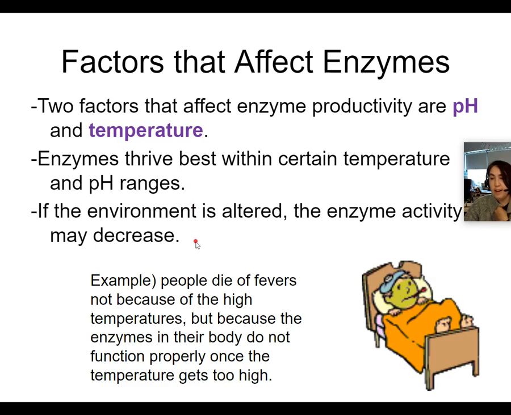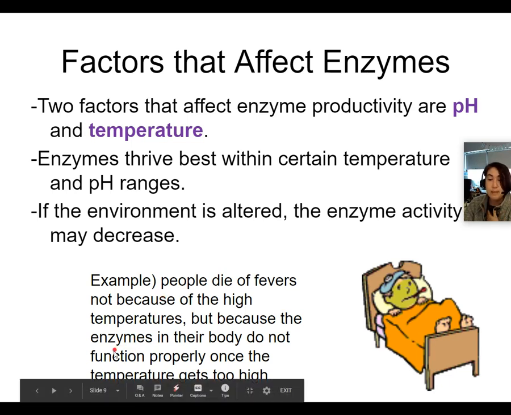If the environment, which in this case would be the human body, is altered, the enzyme activity may decrease. So for example, when people have high fevers and they pass away or they die, it's not just because their bodies are at a very high temperature. It's because the enzymes in their body cannot function properly because the temperature is too high.